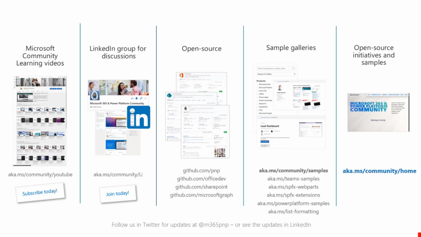We've got our LinkedIn group for discussions, open source tooling and initiatives like PnP.js and CLI for Microsoft 365, and of course our plethora of not only pinatas, but samples. Team samples, SPFx samples, Power Platform, list formatting, the list, see what I did there, goes on and on and on. All available to you absolutely free. You only need to remember one little URL, aka.ms/community/home will give you access to all these amazing things.